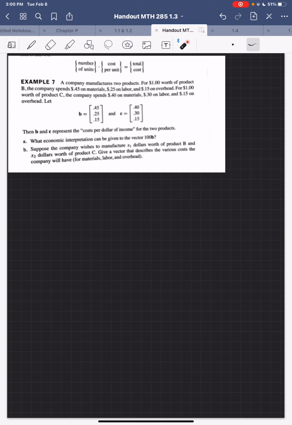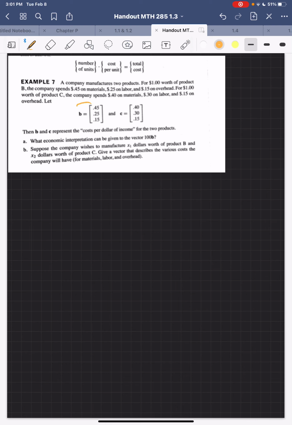Now it says for $1 worth of product B, the company spends 45 cents on material, 25 cents on labor, and 15 cents on overhead. Let's see if you can make sense of this.